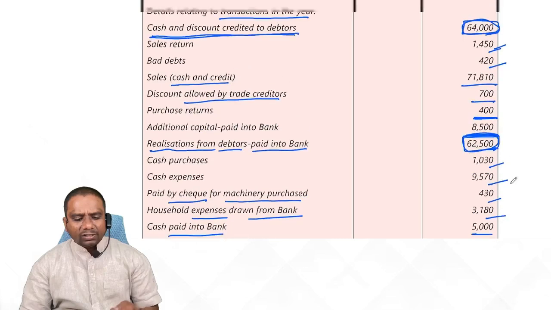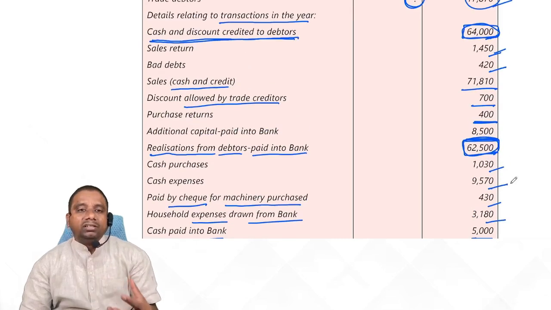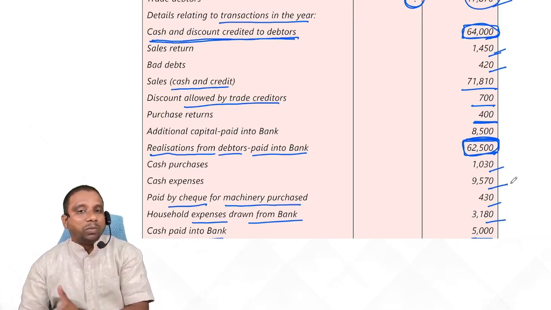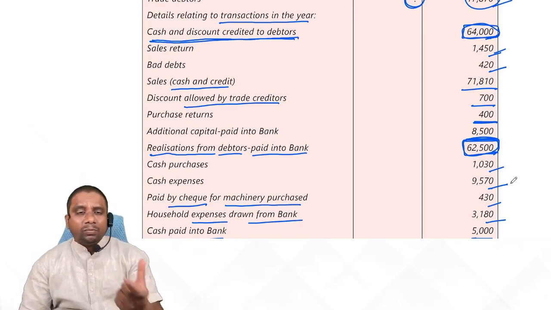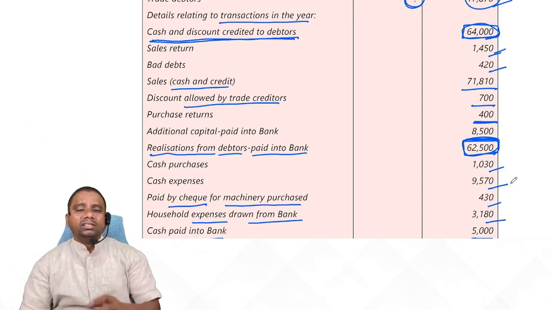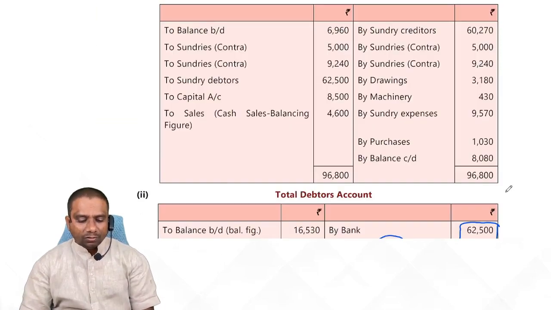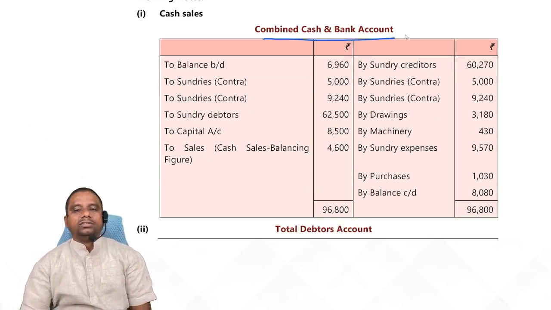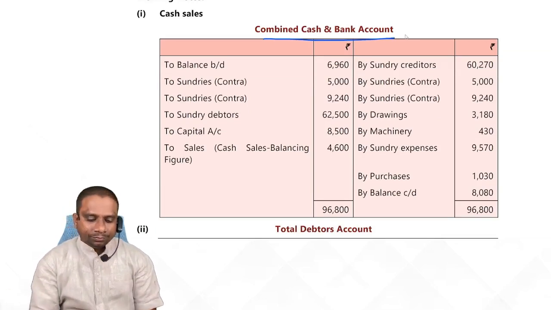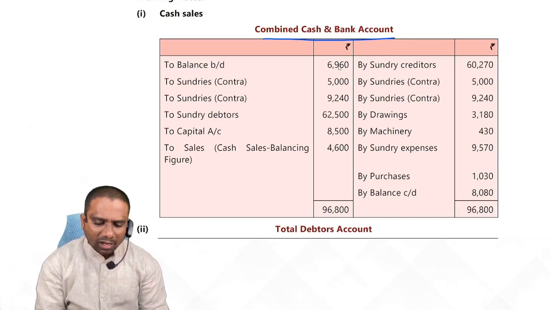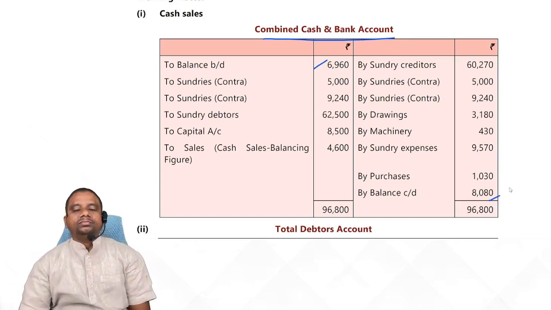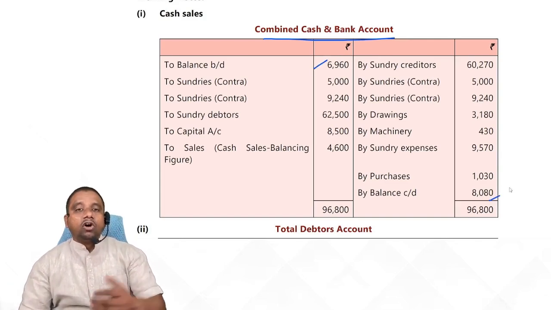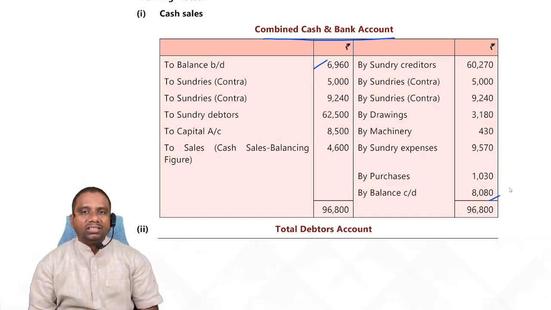So the important aspect in this problem is we have to prepare summary of cash and bank account. For that they are maintaining two columns. Observe. Combined cash and bank account. All balances, opening balance, closing balance, and all the receipts and payments.